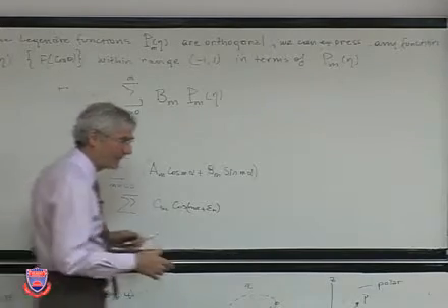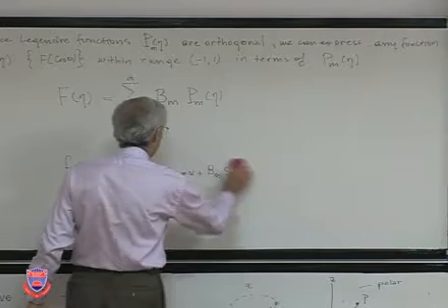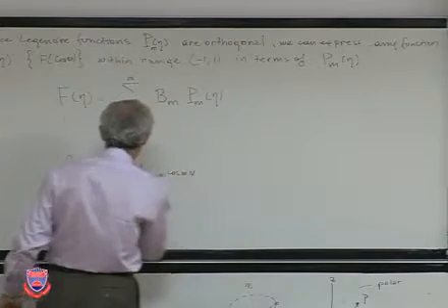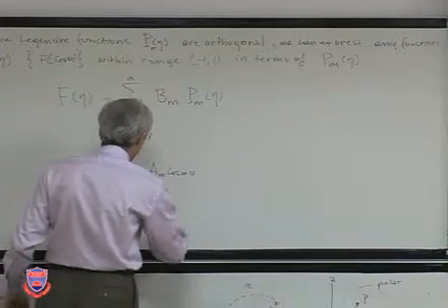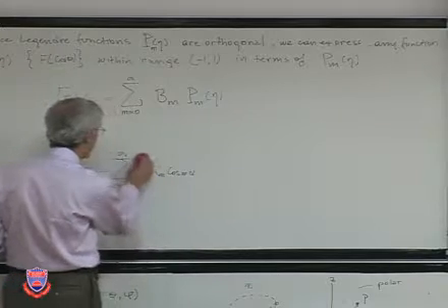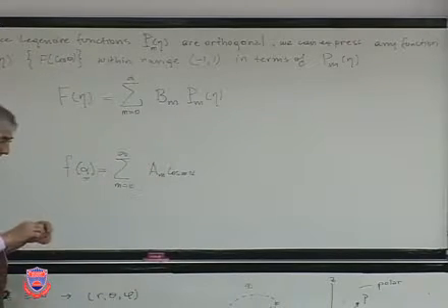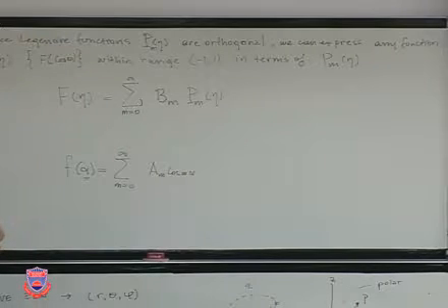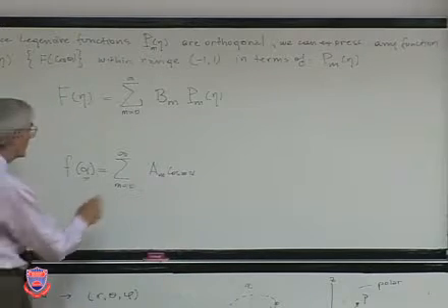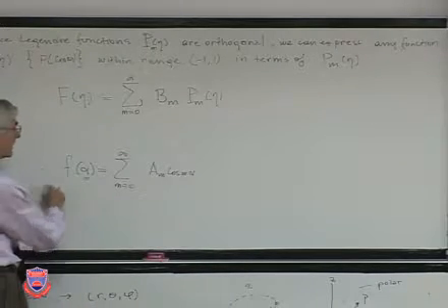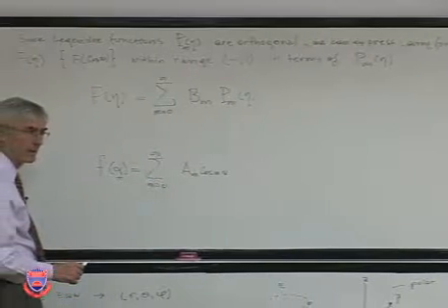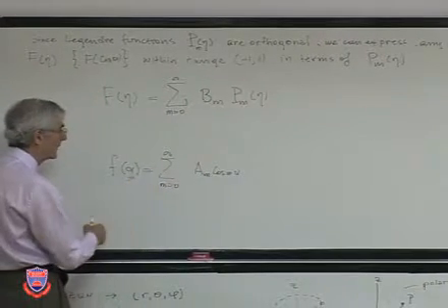And so let me just make it even simpler here. Let's say this is what I want to do, okay? How do I find A_m? What would you do? You have never seen this, have you? You probably have, but you just don't remember. Well, what you would do in this case is multiply both sides by cosine n phi.